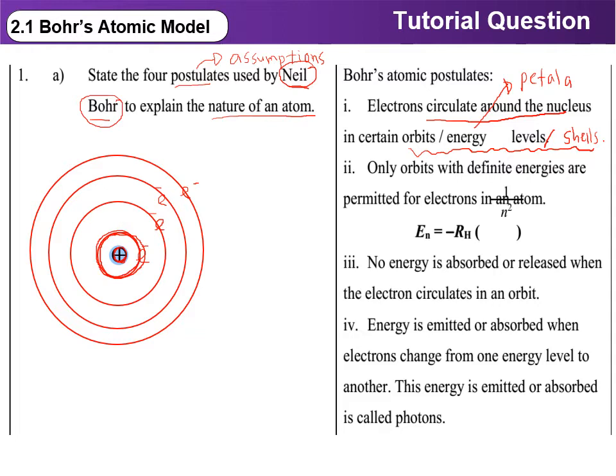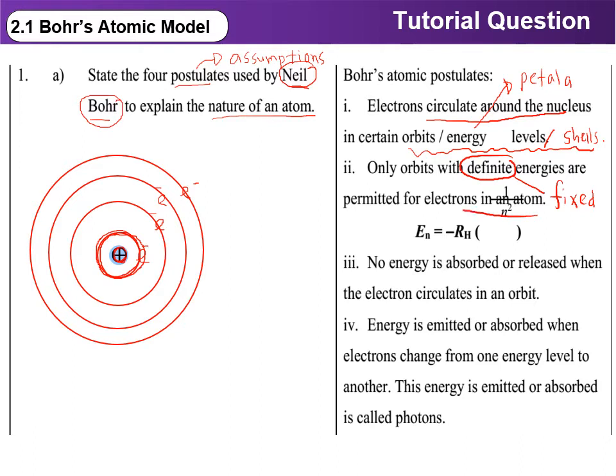Okay, so the second postulate says that only orbits with definite energy are permitted for electrons. Each electron will have definite energy, where definite has the meaning of fixed. How is the energy of the electron fixed?